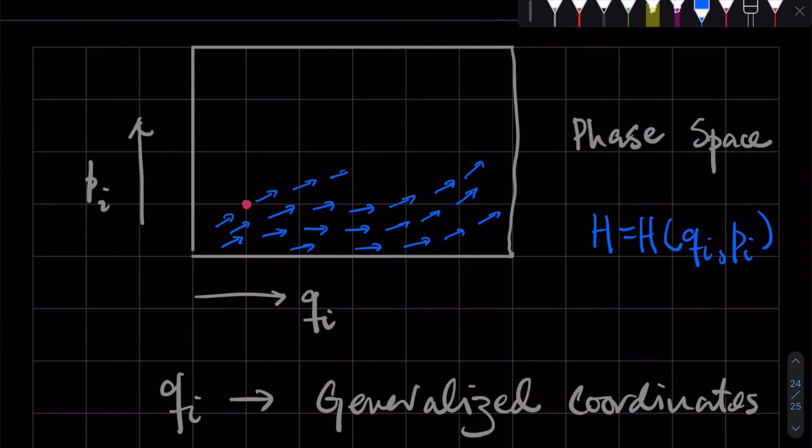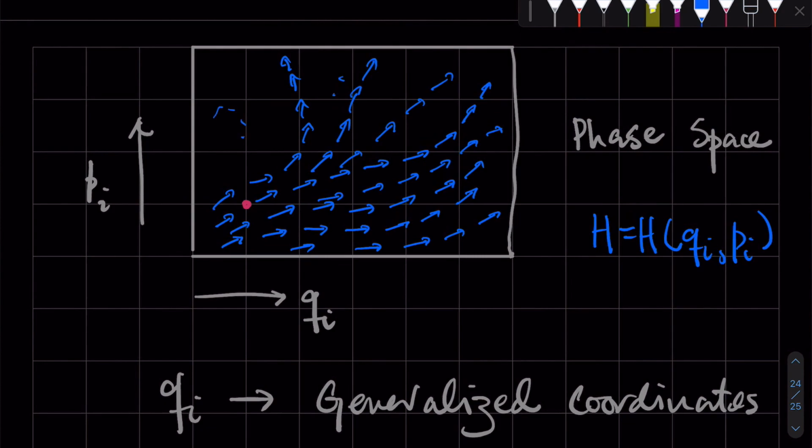So the Hamiltonian, it can be shown using the machinery of classical mechanics, specifies a vector field. And the vector field, I'm drawing something very random here, but the vector field itself can have all kinds of shapes. Okay, and there are vectors at every point.